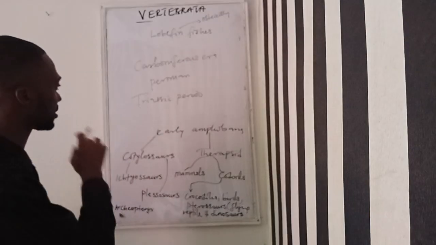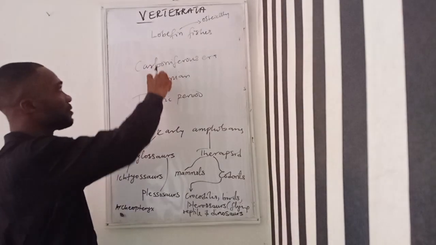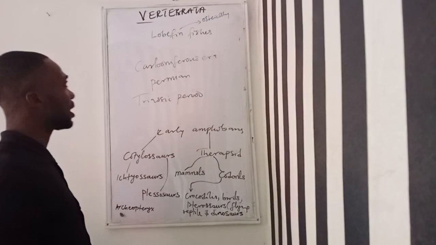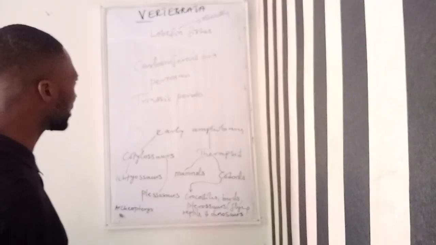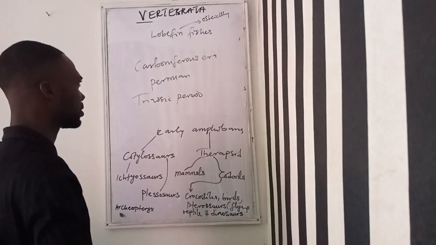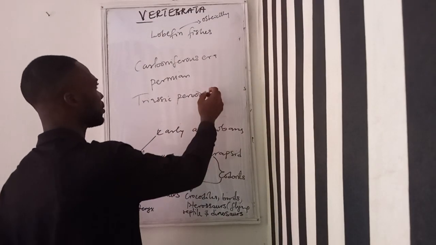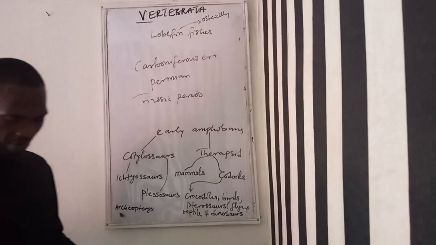So that is what these eras are all about. We are saying that the amphibians flourished within the Carboniferous era but began to decline at the end of the Permian era, towards the Triassic period of the Mesozoic era.